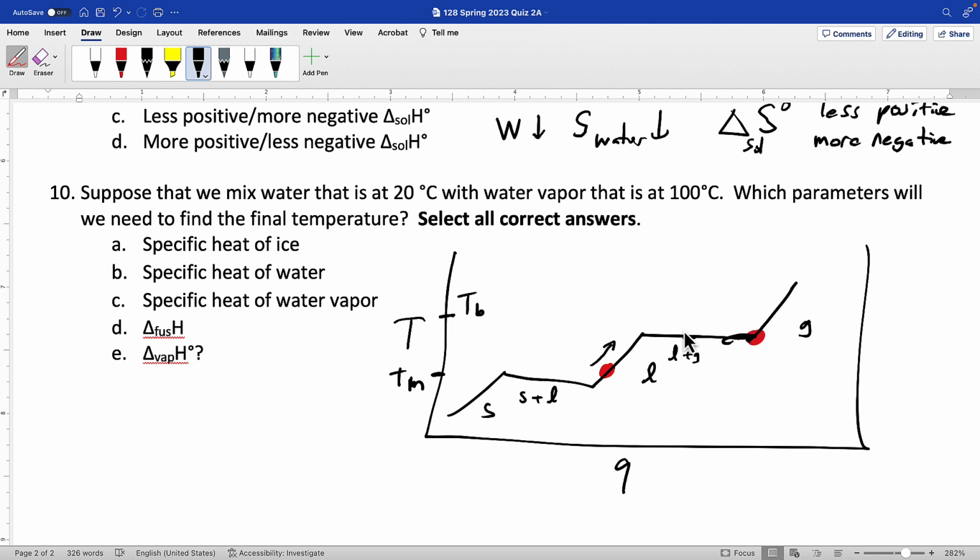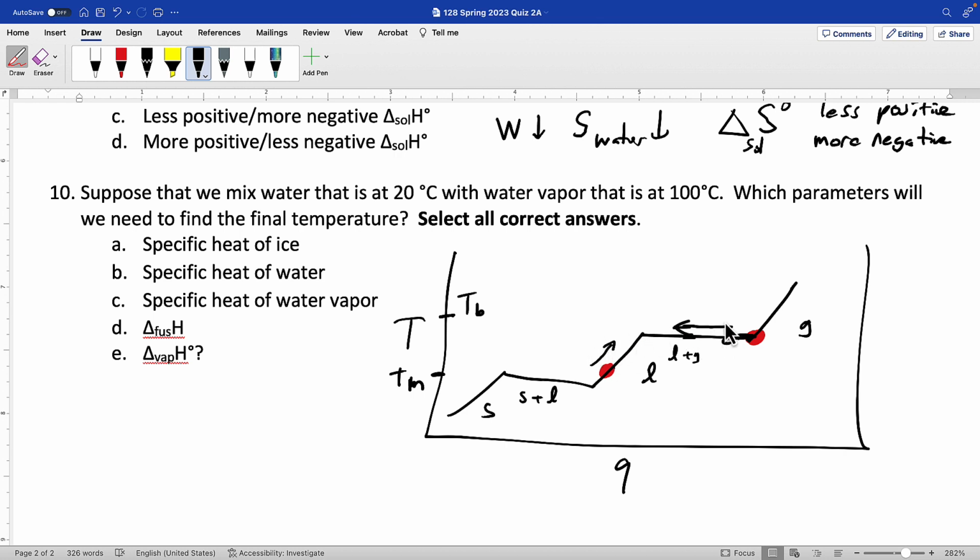It's at 100 degrees, the other one's at 20, so it's going to lose heat. But the loss of heat is not going to cause a temperature decrease, it's going to cause the water vapor to condense. So we've got this term, and where these arrows meet is a function of the relative masses of water vapor and water. But all we know is we're going to have both of these terms.